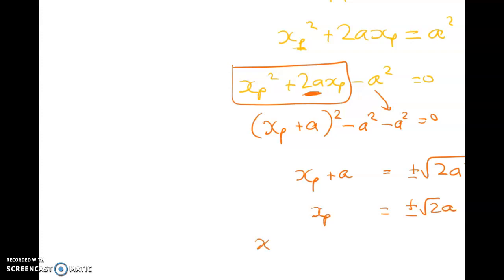So at this stage, we've got 2 possible coordinates for x. So xp is either equal to negative a plus root 2a or negative a minus root 2a, but we know that that one's less than 0, so it's not valid.